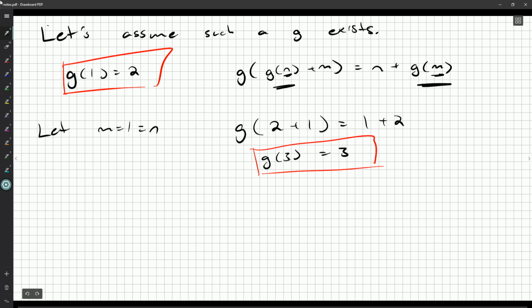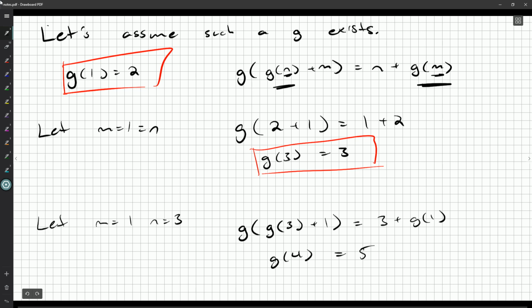I don't really know which one's best. So let's be clear to whoever's marking. So now let's try m equals 1, n equals 3. So we get g of 3 plus 1 is 3 plus g of 1. And so that's going to be g of 4 is 5, 3 plus 2. Okay, so that gives me another one that I could work with.